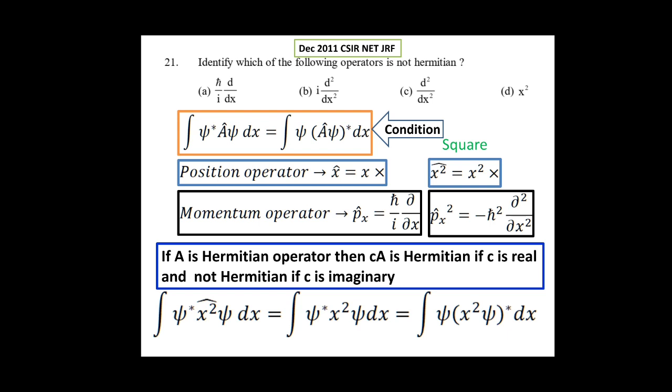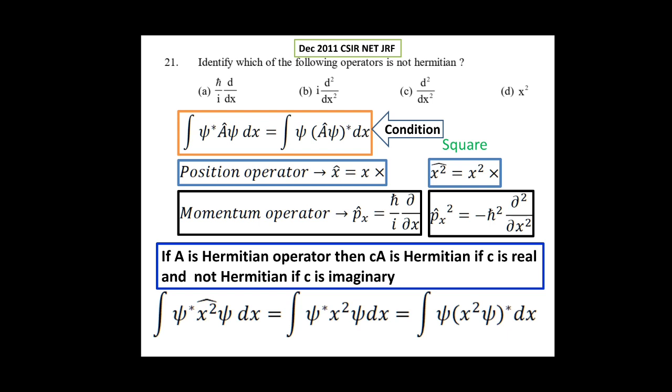There is a theorem in quantum mechanics which says: if A is a Hermitian operator, then CA is Hermitian if C is real, and it is not Hermitian if C is imaginary. Now, del square by del x square is nothing but some constant times the square of the momentum operator.